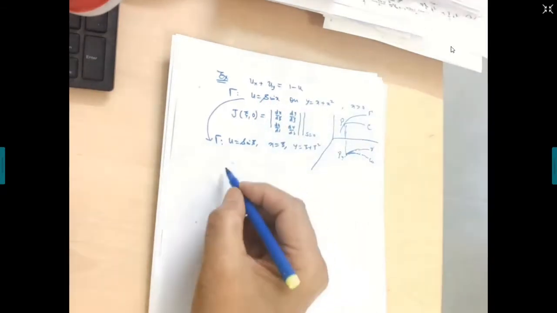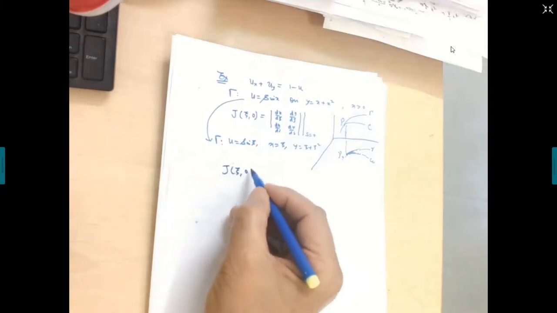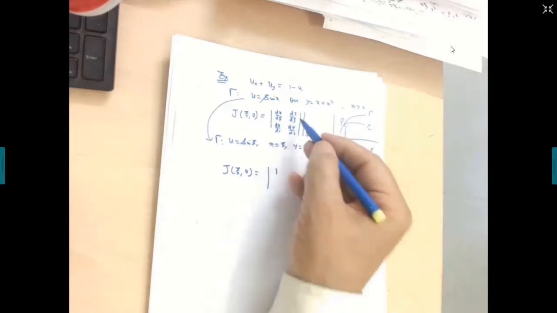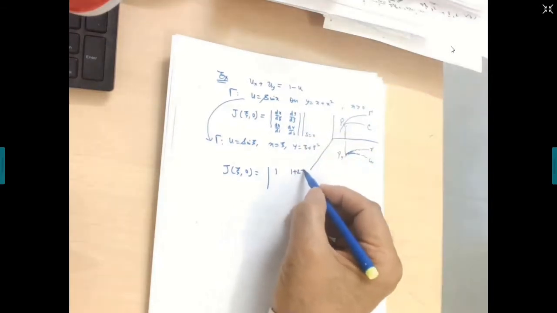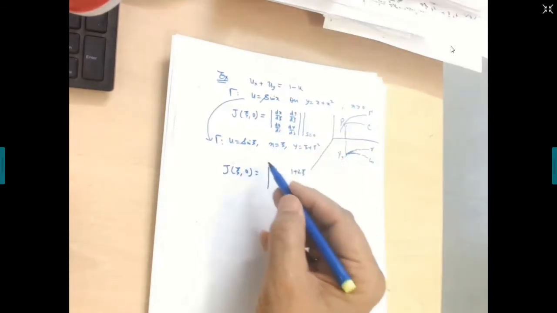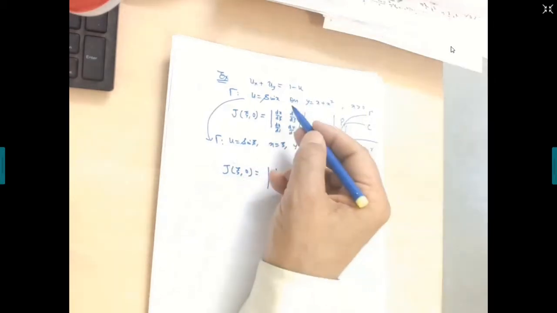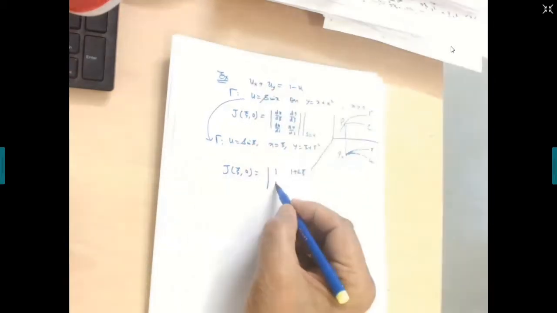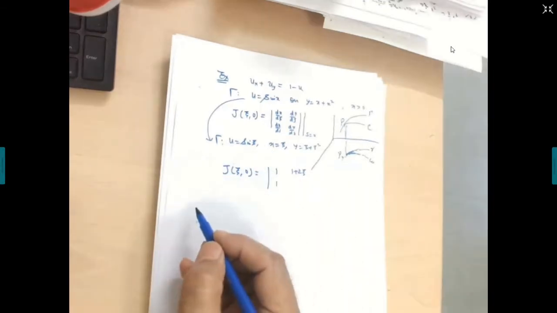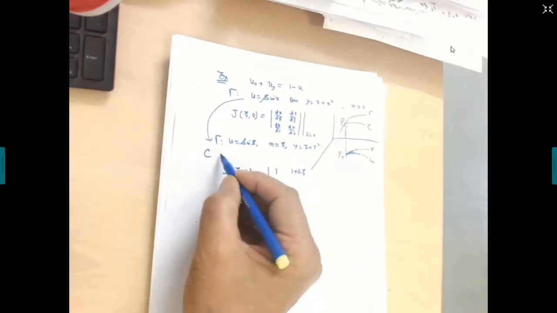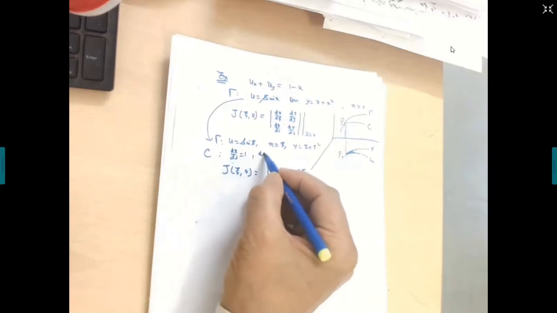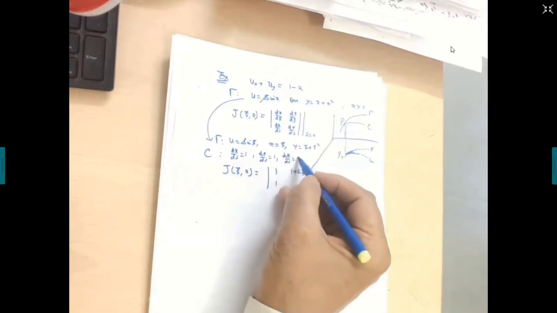So what do you get? J at xi 0: dx/dxi is 1, dy/dxi is 1 plus 2 xi. For the characteristics, dx/ds is 1, dy/ds is 1, du/ds is 1 minus u.